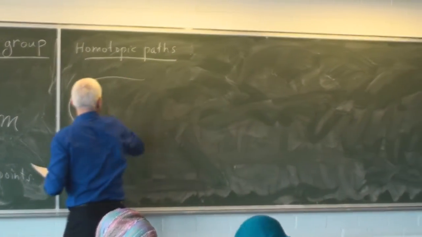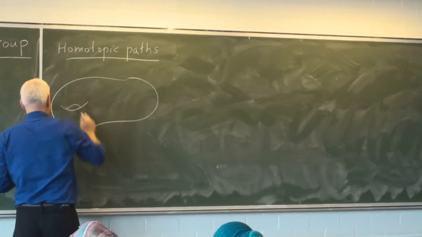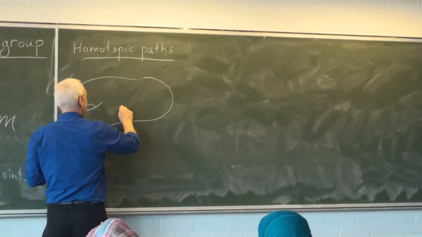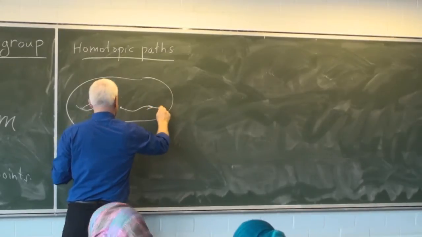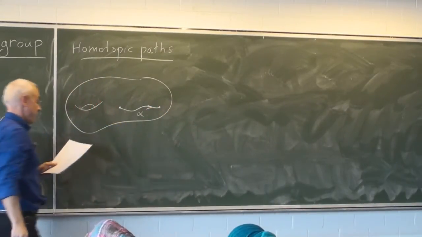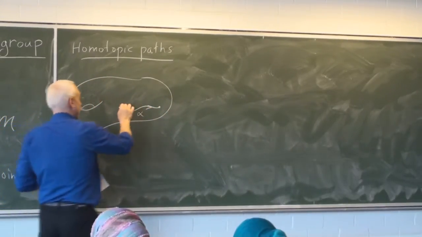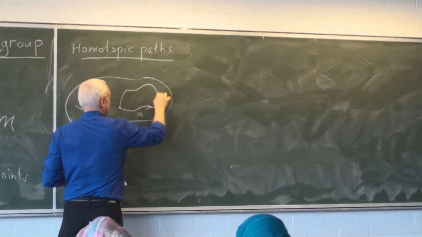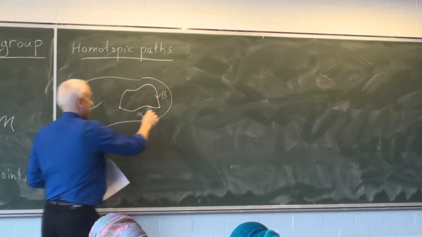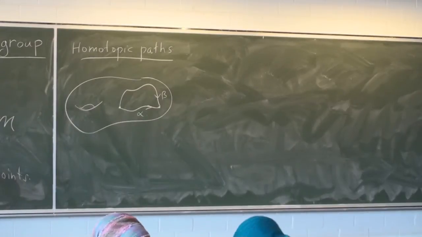So our picture is we have our surface, and let's say we have one path, alpha, and another path, beta, with the same initial and final points.